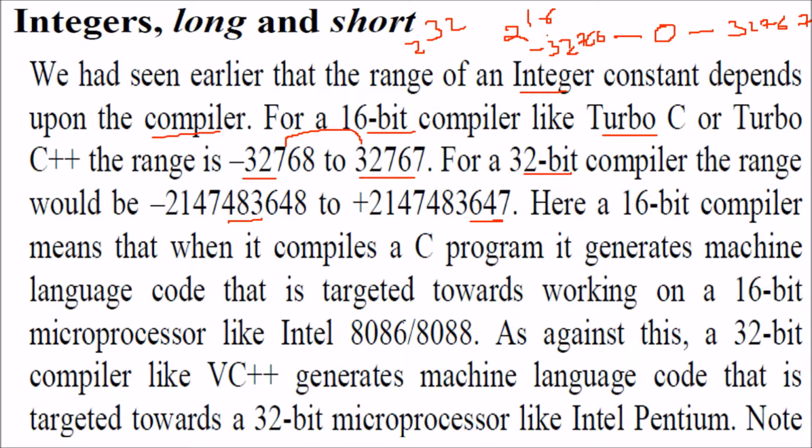Whenever we are dealing with a 16-bit microprocessor like this Intel, when this C program generates machine language code, it is targeted toward working on a 16-bit microprocessor, as we said, 8086, 8088. But if you are making a program in VC++, the 32-bit compiler, this generates machine code targeted towards a 32-bit processor like the Intel Pentium.